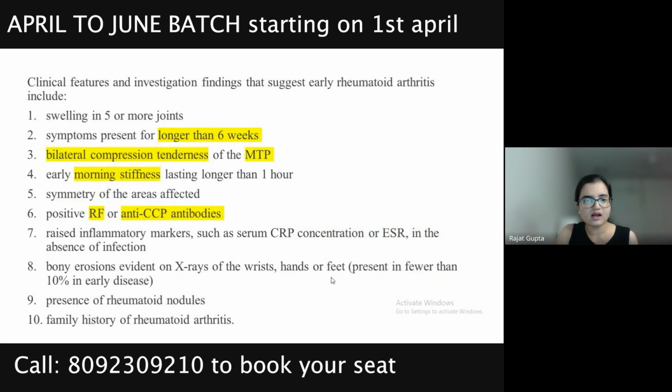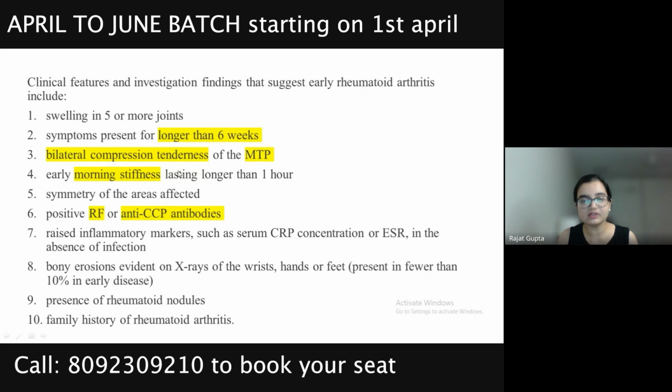Okay. This is just a bit more elaborate as to what should be there in the clinical features in order to diagnose rheumatoid arthritis. So it says basically the same things, that there has to be swelling in 5 or more joints. The symptoms need to be longer than 6 weeks. And then there has to be positive bilateral compression tenderness on the metatarsophalangeal joints.